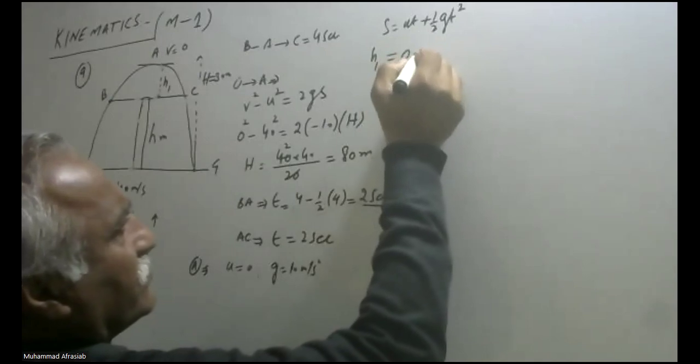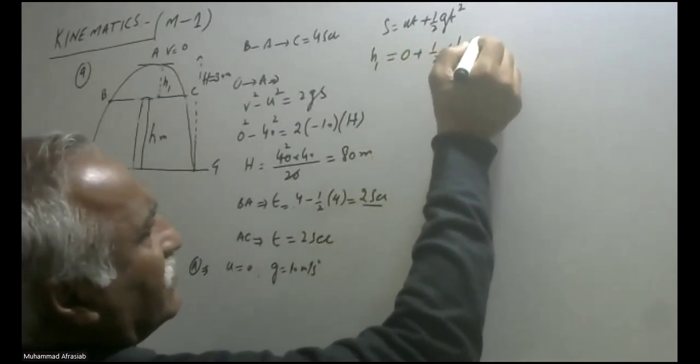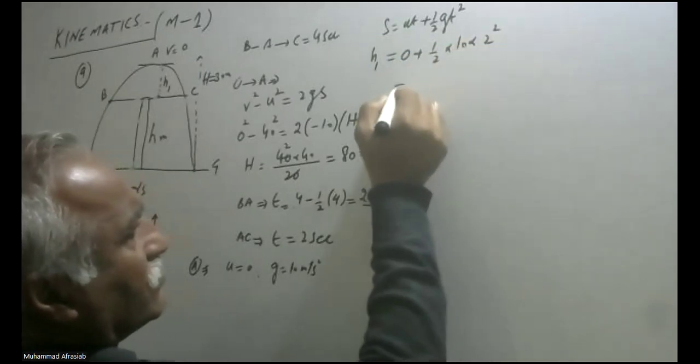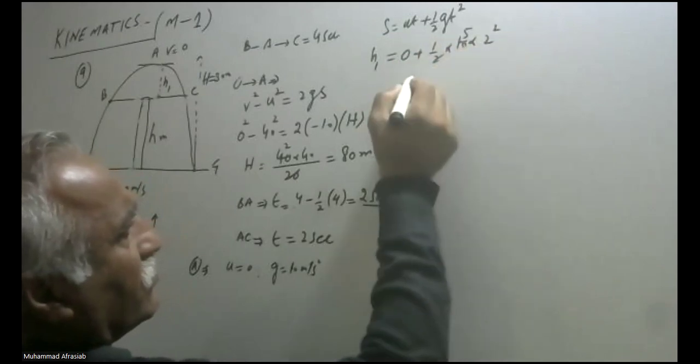So we can use the equation s = ut + half gt squared. So s is h1, u is 0 into 10 plus half into 10 into 2 squared. So this is equal to 20 meters.